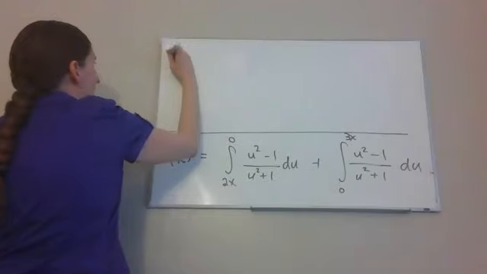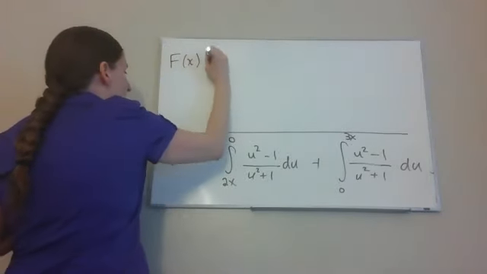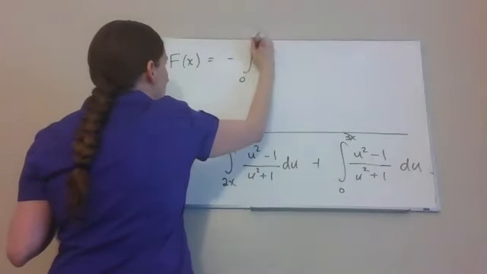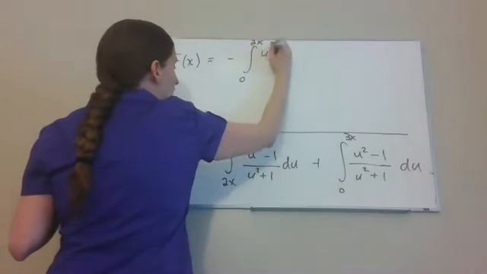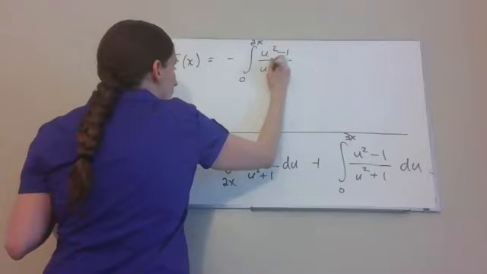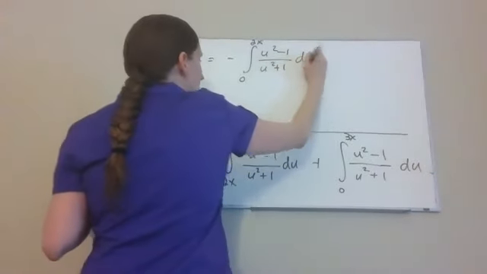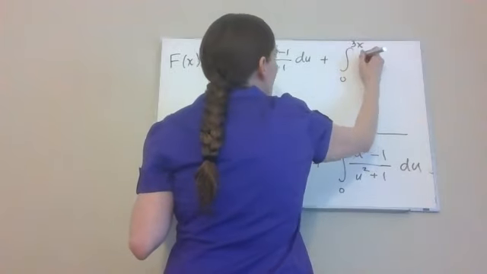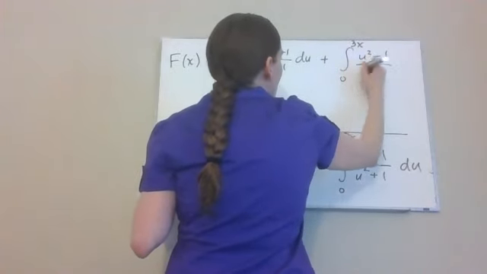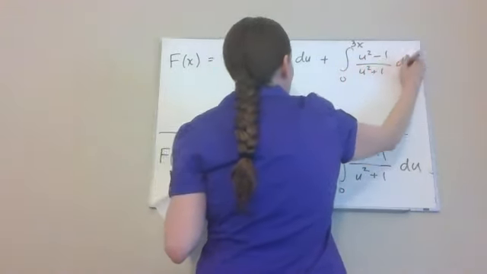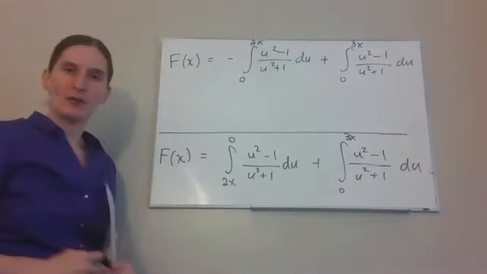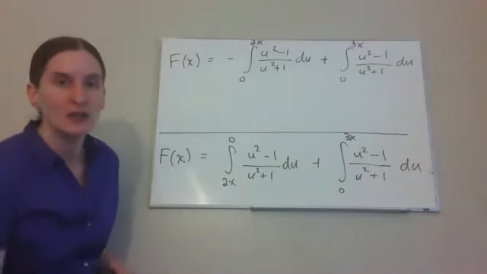So I get f of x is equal to negative integral from 0 to 2x, u squared minus 1 over u squared plus 1 du, plus the integral from 0 to 3x, u squared minus 1 over u squared plus 1 du. And now I'm ready to use my fundamental theorem of calculus with a chain rule.